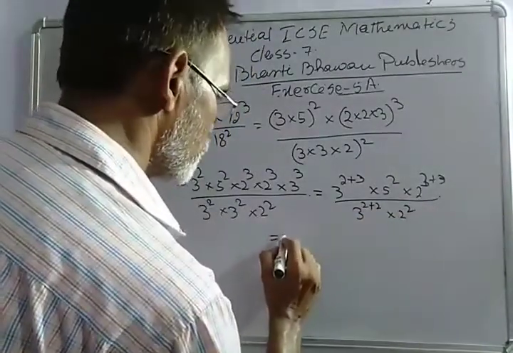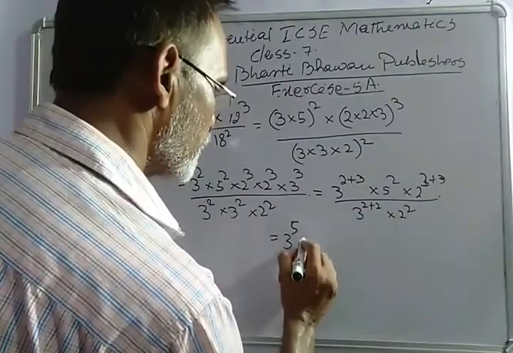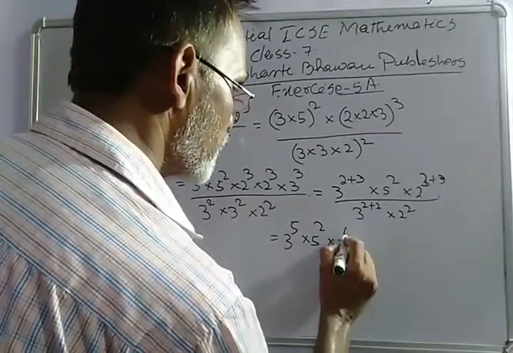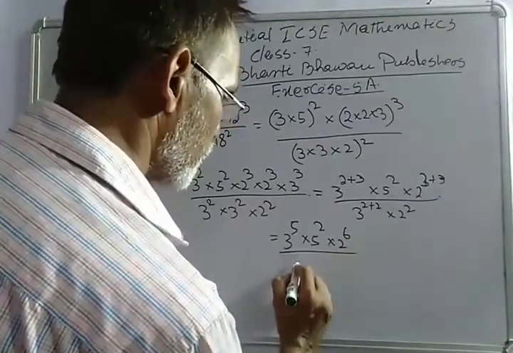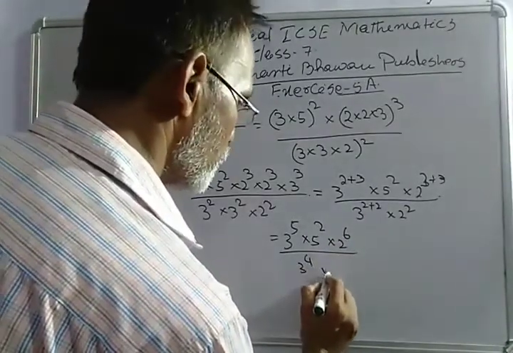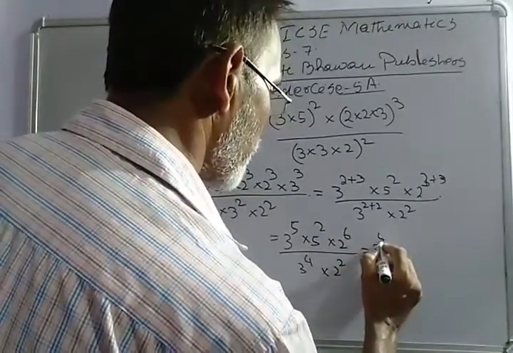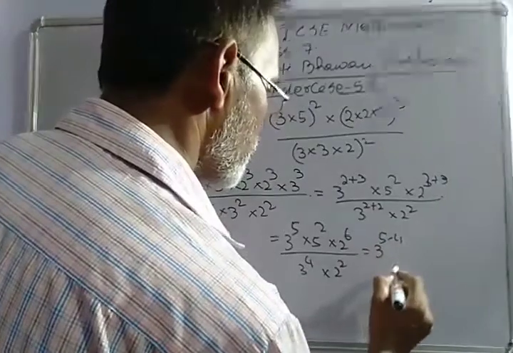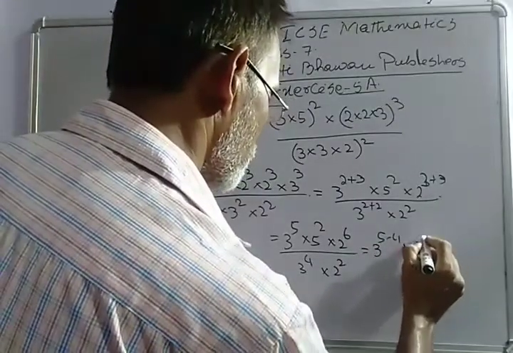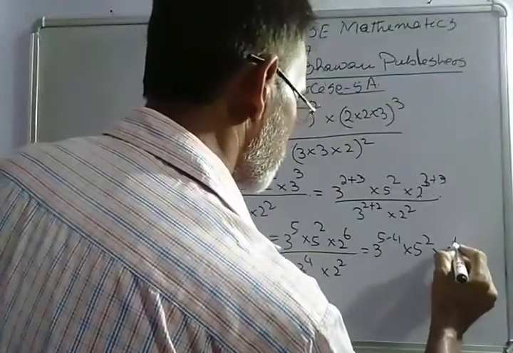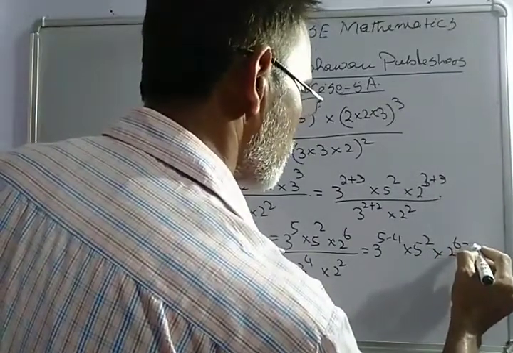So this is equal to 3 to the power 5 into 5 to the power 2 into 2 to the power 6 by 3 to the power 4 into 2 to the power 2. So this is equal to 3 to the power 5 minus 4 into 5 to the power 2 into 2 to the power 6 minus 2.